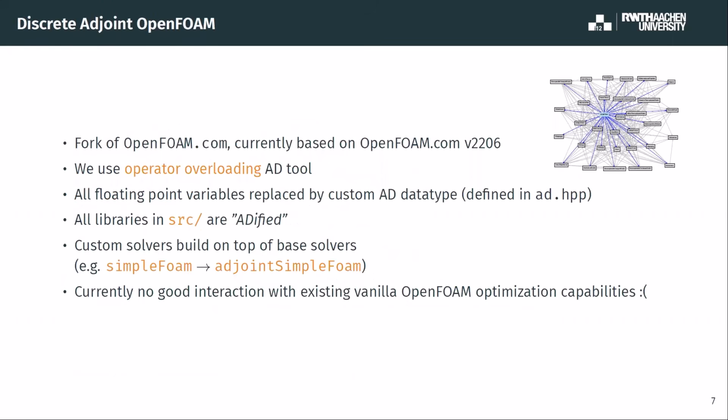So now our offering for this AD-fied OpenFOAM: you can't really see this, but this is a dependency graph between all the OpenFOAM core libraries. You see it's quite interweaved. So our approach was, okay, just do AD on everything. We have a working discrete adjoint on all libraries within src without any major cheats, as far as I still remember.